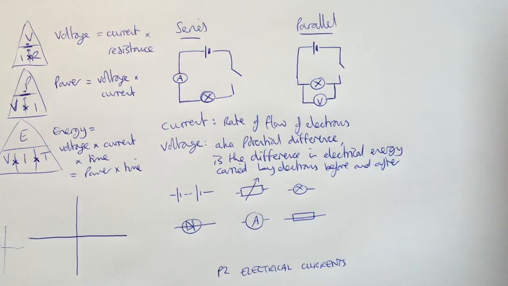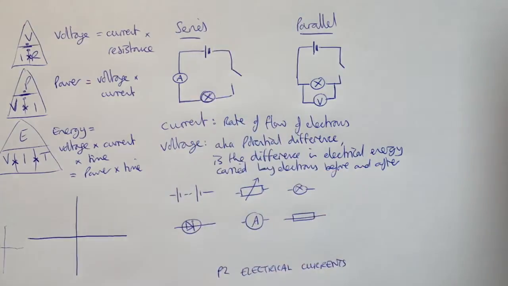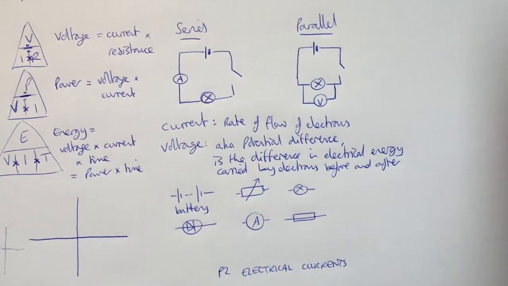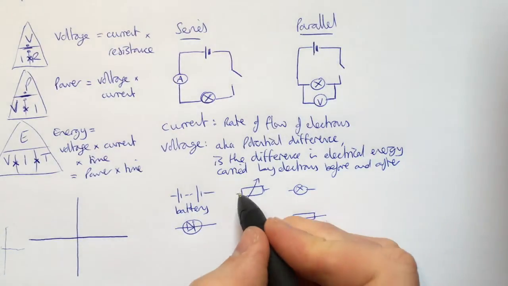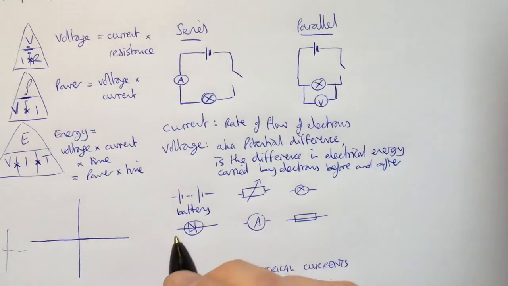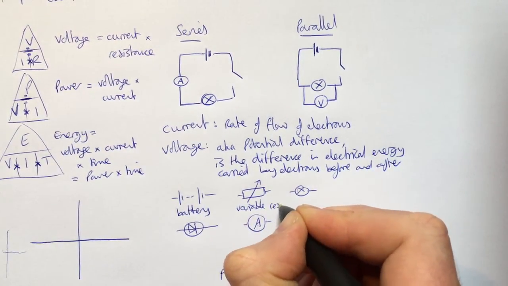Okay? Other things you might need to do are identify circuit components. So we talked about the cell here. When you've got more than one cell together, it's a battery. If you've got a rectangle without the wire flowing through it, you know you've got a resistor of some kind. This is a variable resistor.